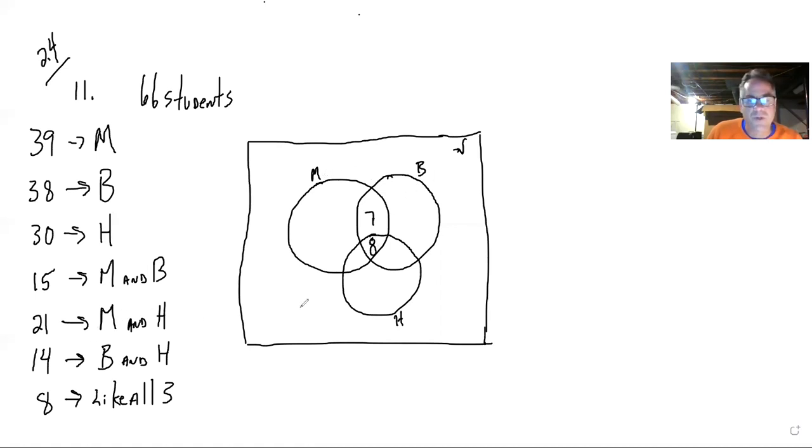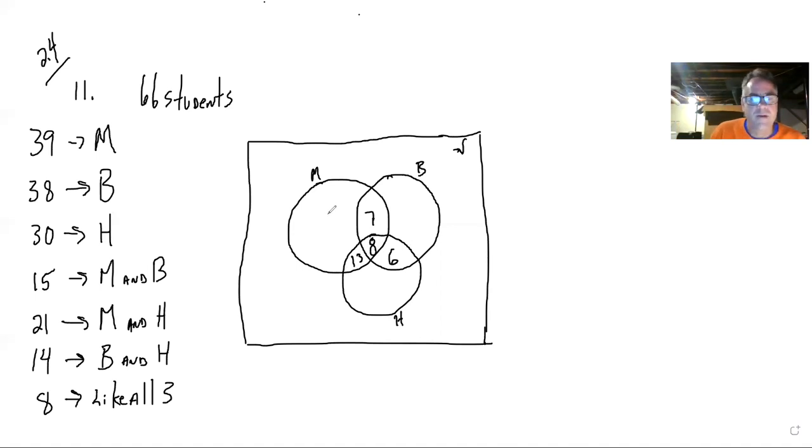Moving to Mozart and Haydn, that would be this region right here, and it says there's 21, so 21 minus 8 is 13. So I'd have to have 13 here to get my total of 21. And then 14 like Beethoven and Haydn, which is here. If I've got 8, I would need 6 more for my total of 14.